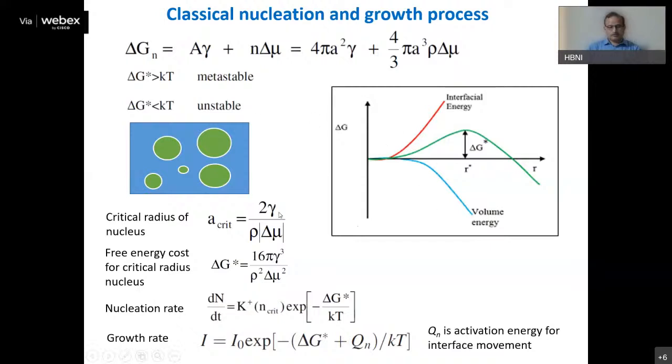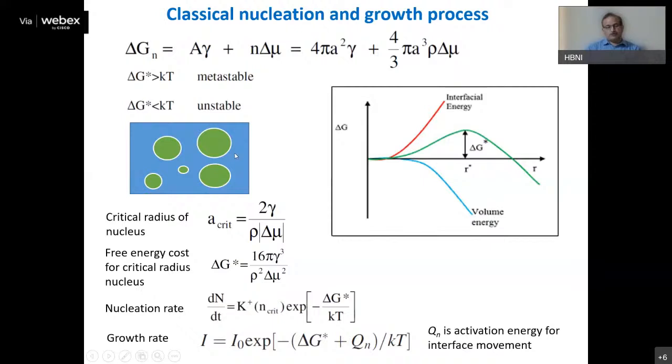Of course, in this theory, we have considered homogeneous nucleation. By homogeneous nucleation, I mean the probability of nucleation is the same at different locations. There may be cases where there is heterogeneous nucleation, for example, martensitic phase transitions. They cannot be explained by homogeneous nucleation.